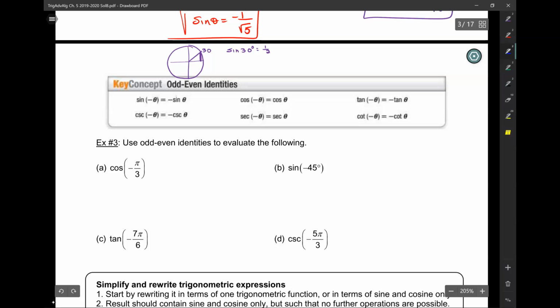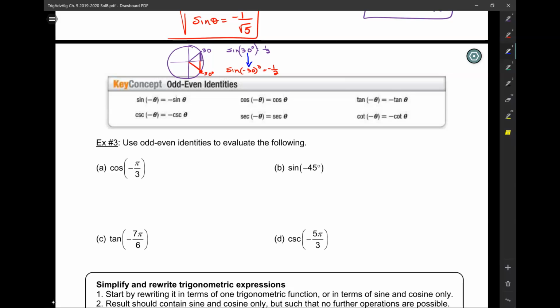Now, suppose instead of 30 degrees, I make my angle negative 30 degrees. Now, what's sine of negative 30 degrees? Now it's negative 1/2, right? So what happened? I had sine of 30 degrees, and then I changed the angle to the same angle but negative.